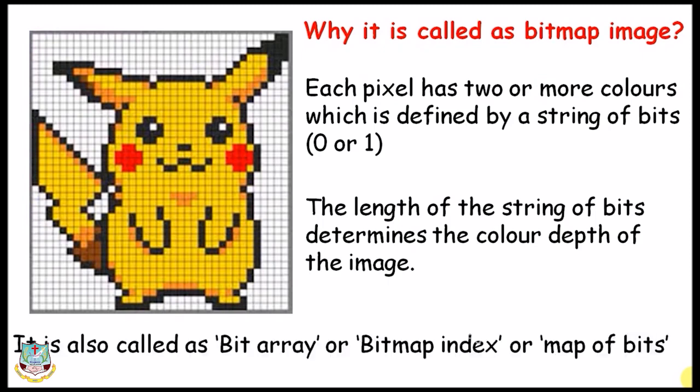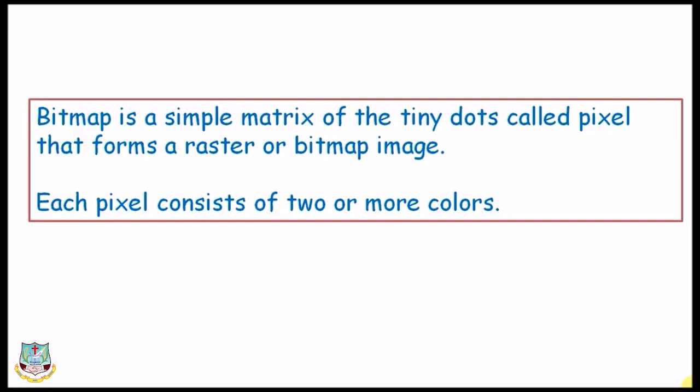I'm just saying it as an example: 1 bit, 2 colors; 4 bits means 16 colors; 8 bits means 256 colors. So it is called mapping of bits, right? So bitmap is a simple matrix of tiny dots called pixels that form a raster or bitmap image. Each pixel has 2 or more colors.